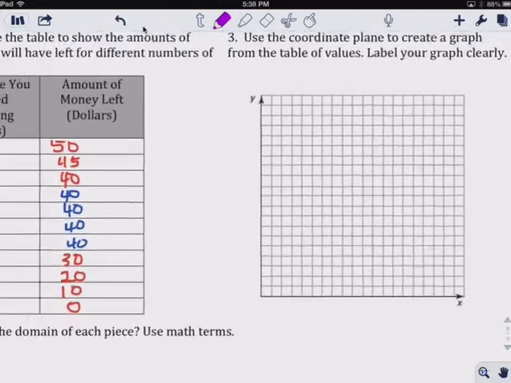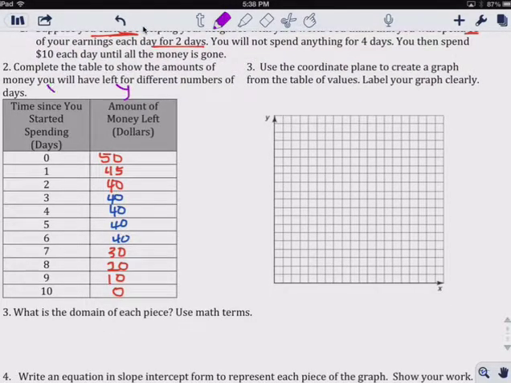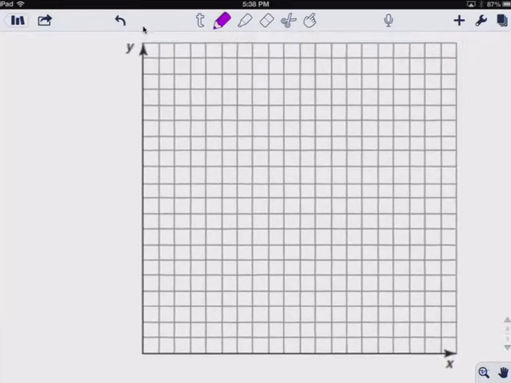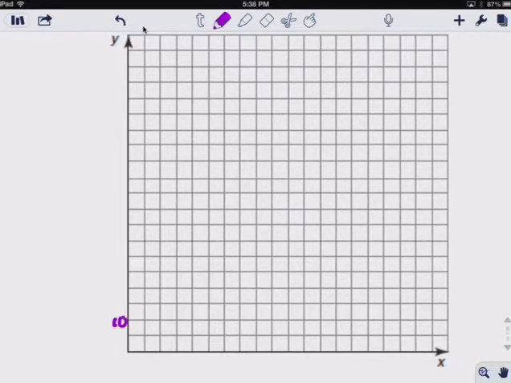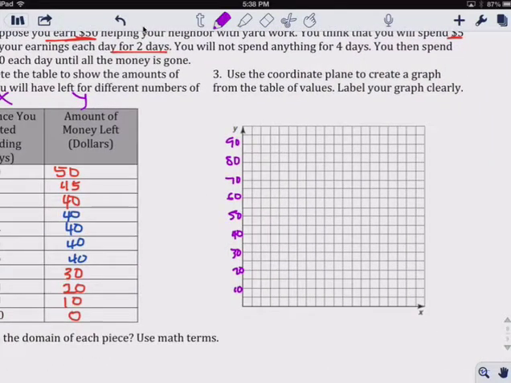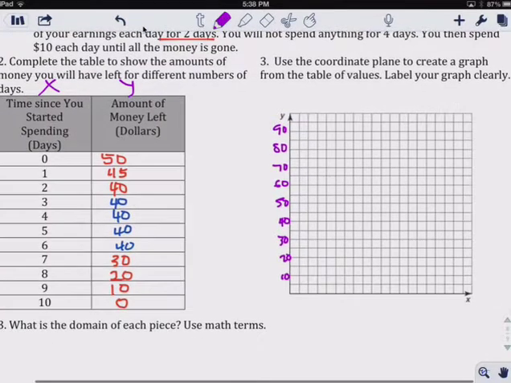Graph it. I count my Y value. Here's my dependent variable. Okay. So this is count by. Okay, if you counted by 5 for each block, it's good. If you counted every other one by 5, it's also good.